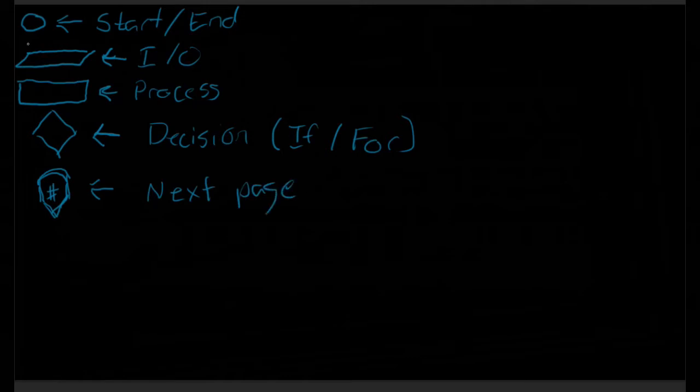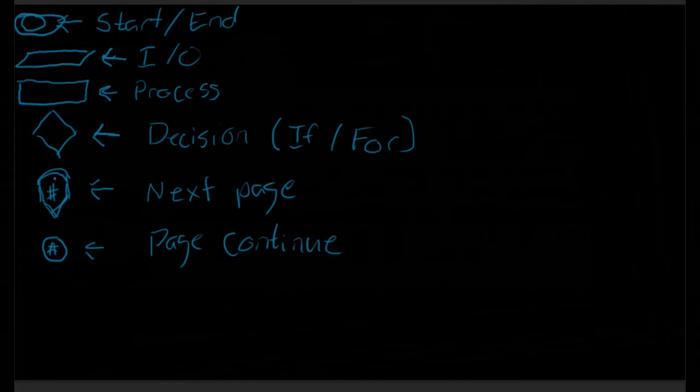And then, so this guy is more of an oval. Then we have just a little tiny circle with a number in it. And this is, I don't know, maybe page continue. So that's our page continue.